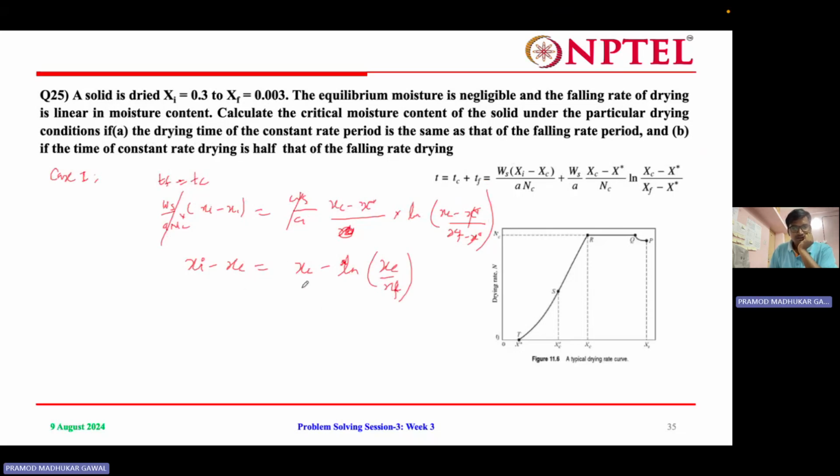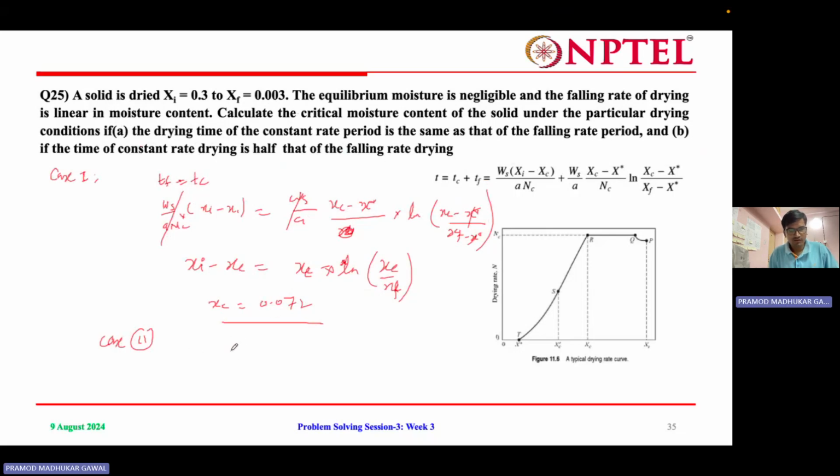So we have to calculate Xc, right? Xi is given as 0.3 and Xf is given as 0.003. So put these in and calculate Xc with the help of a calculator. I already calculated it: 0.072, right? In case 2, the constant rate drying time is half of the falling rate period, right?